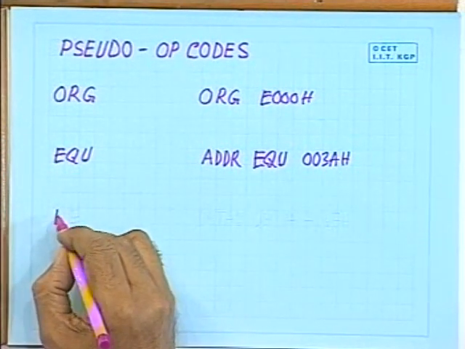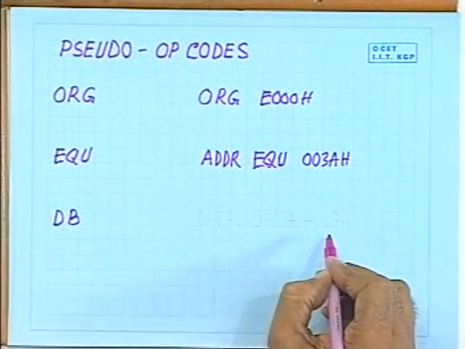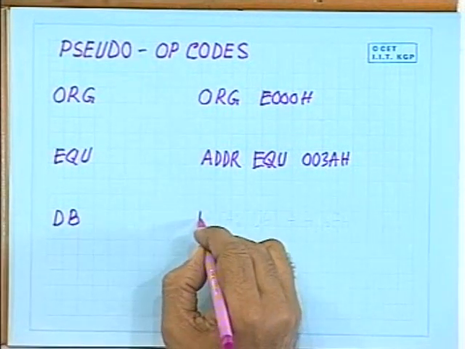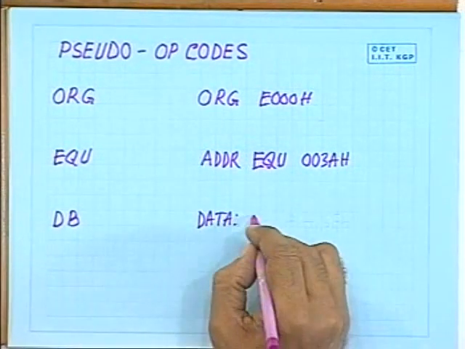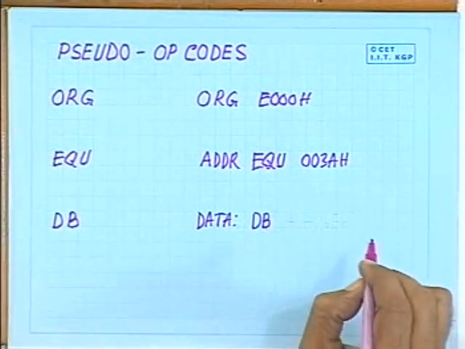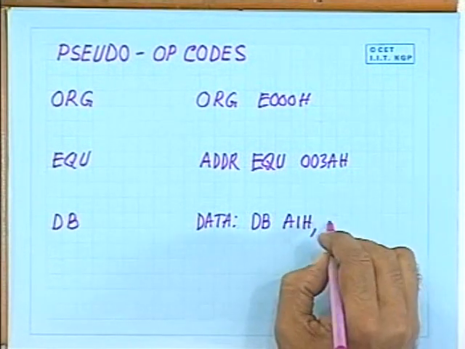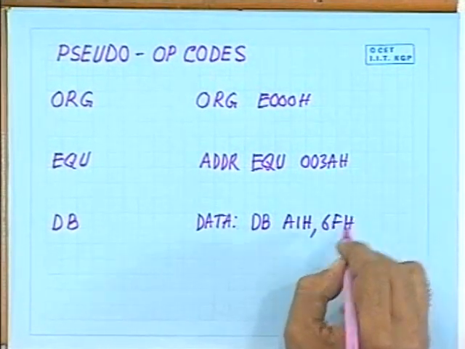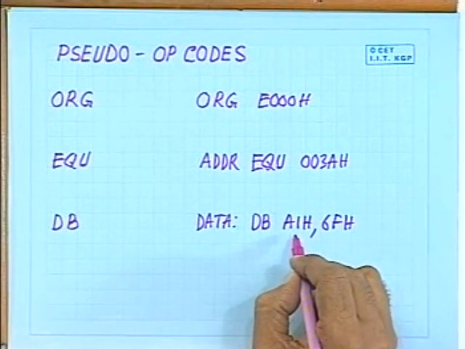Another is DB. With the help of DB you can reserve memory for several data items. For example, data is the label field, then DB is in the operation code field, and then you provide the data. Each of these data items will be stored in memory.